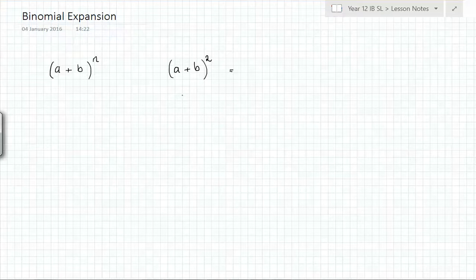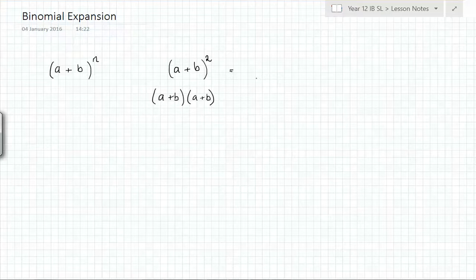How would you rewrite it? We've got two brackets. So we've got A plus B times A plus B. So you've seen that before in quadratics. X plus 2, X plus 1. But we're dealing with it in any situation now. So general form, something plus something times the same bracket. So we've got that squared.